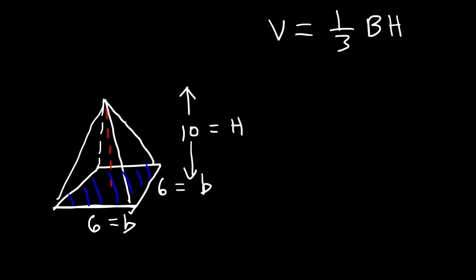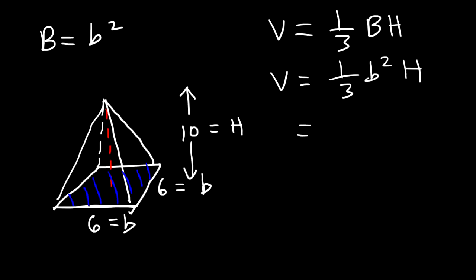So to find the area of the square, it's going to be the length times the width, or simply b squared. So the area of the base is b squared. So therefore, the volume of this entire square-based pyramid is 1/3 times the side length squared multiplied by the height of the pyramid.